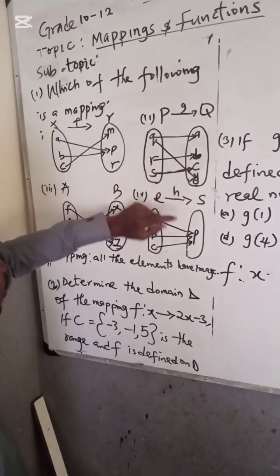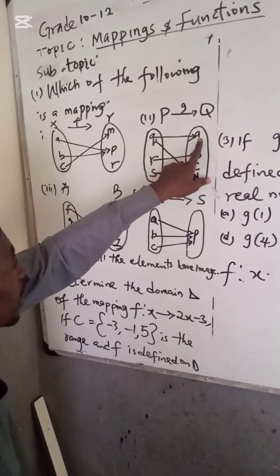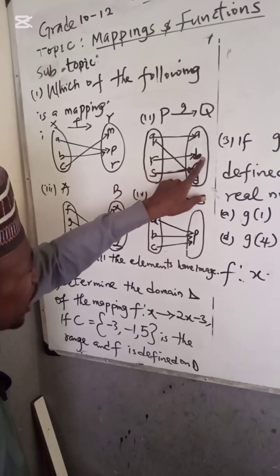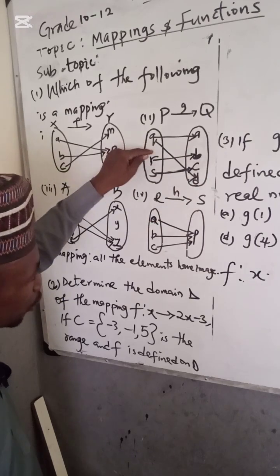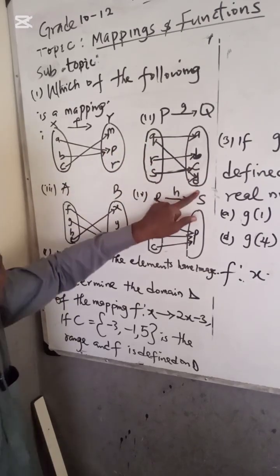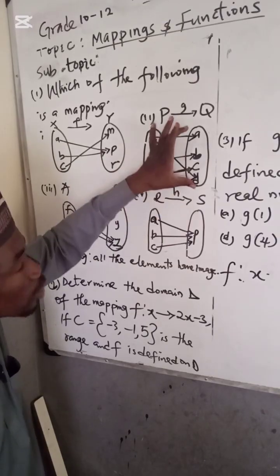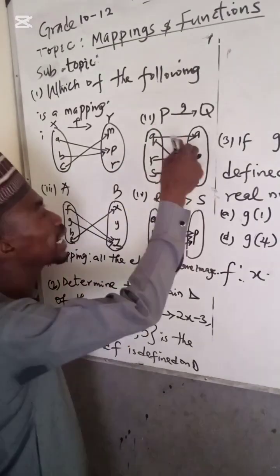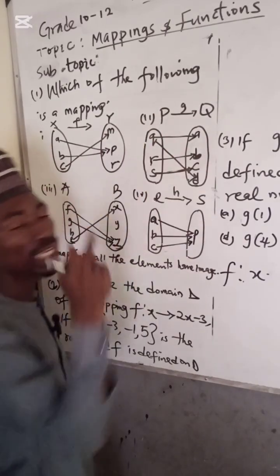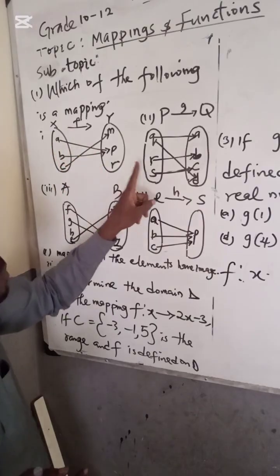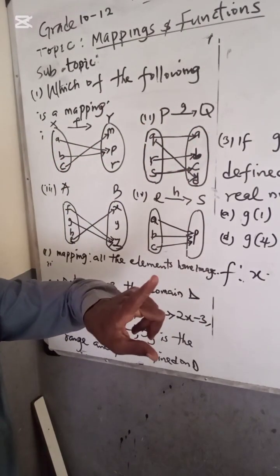Now, let's look at the second question here. Q has an image A. R has an image B. S has an image C. But the same Q has another image, which is D. That means one element in the domain is having 2 images. That now makes Q not have a unique image, because the image of each element must be unique.